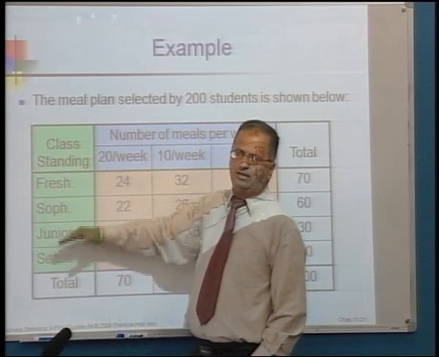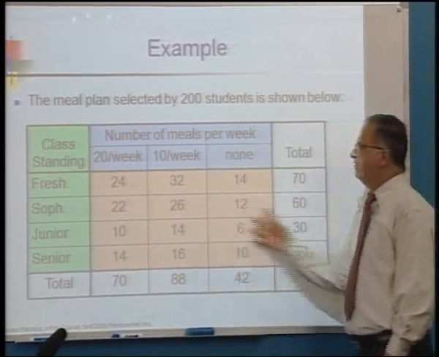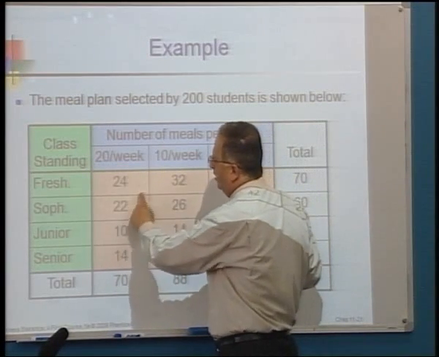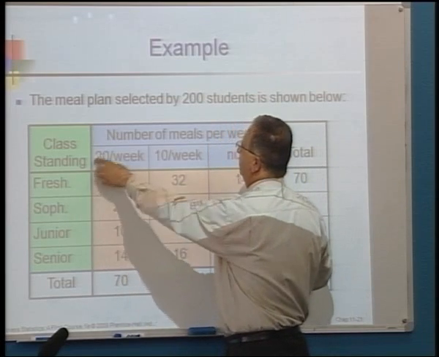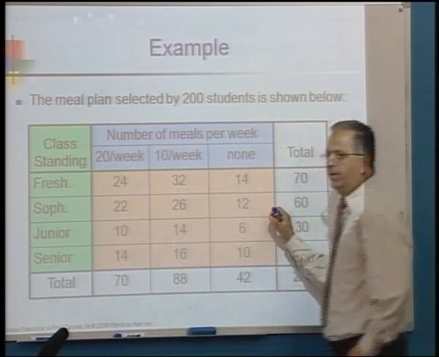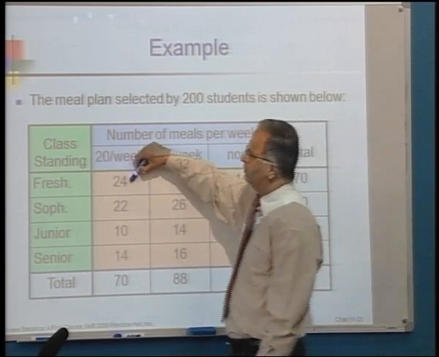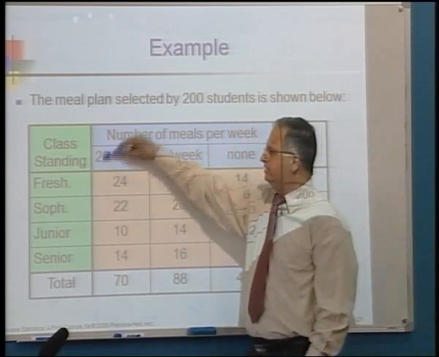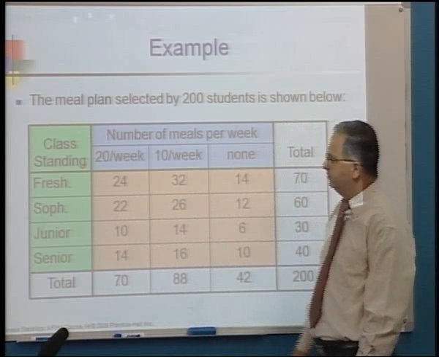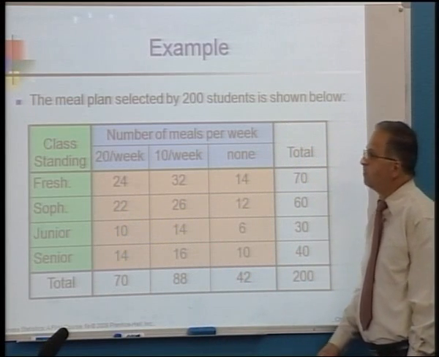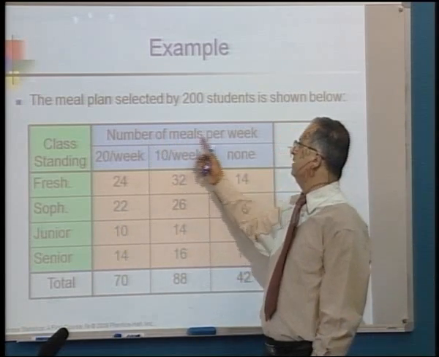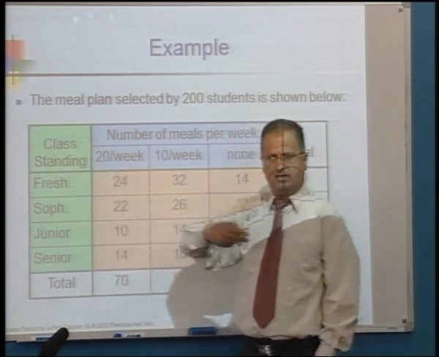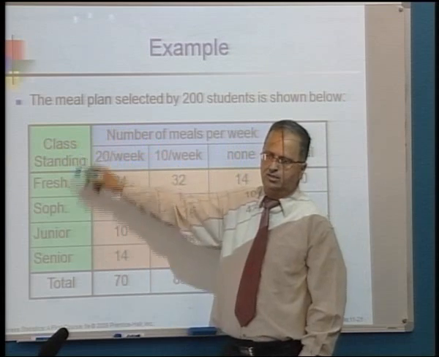And we have these numbers: there are 24 freshmen who have 20 meals per week, 22 sophomores, 10 juniors and 14 seniors. The question is, test to see if number of meals per week is independent of class standing, to see if there is a relationship between these two variables.